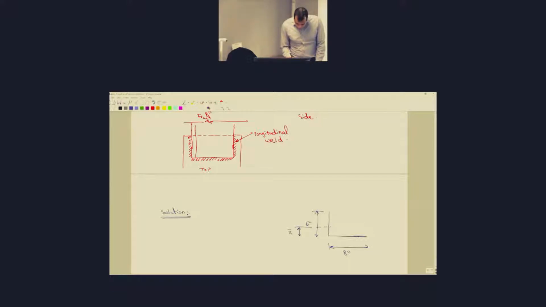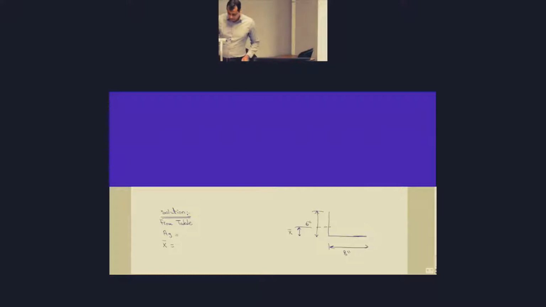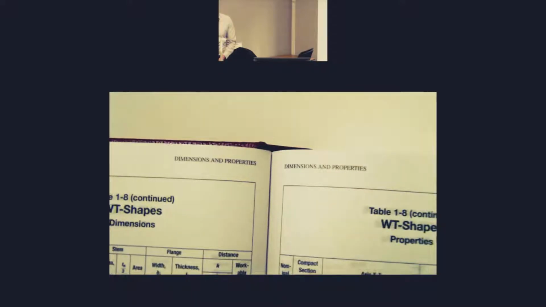So you need the area gross, right? And you need X bar. So from the tables, just look for which table. We're looking for angles. Angles are in table 1.7.